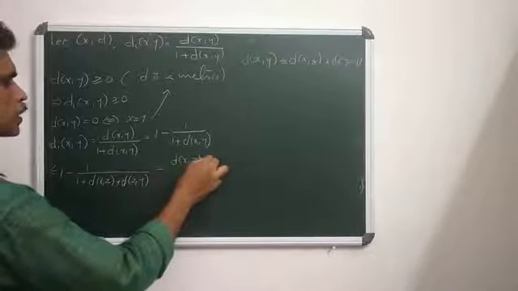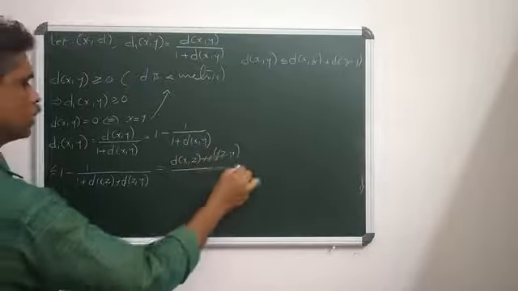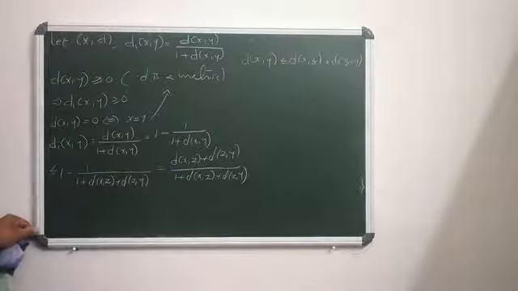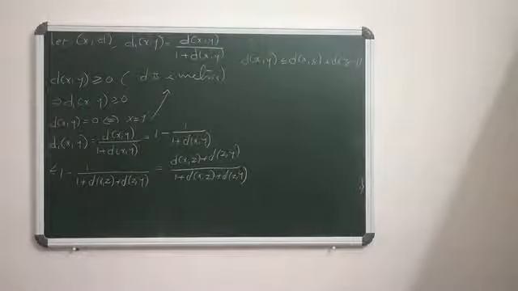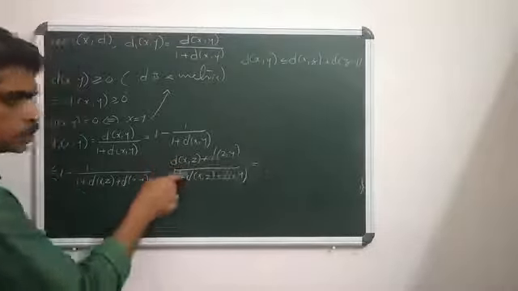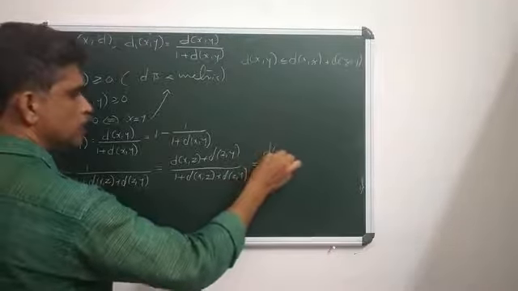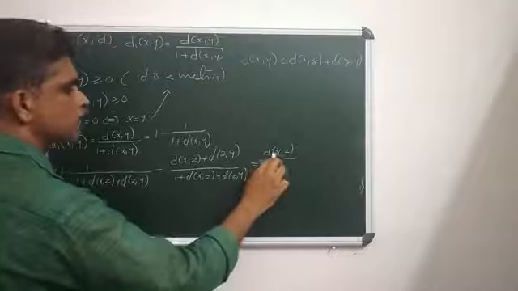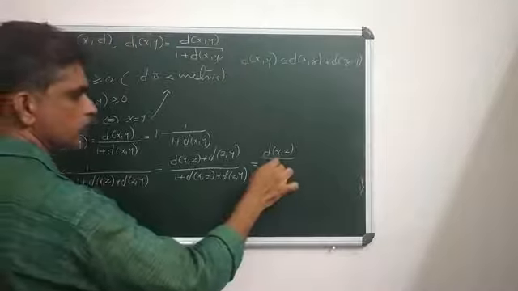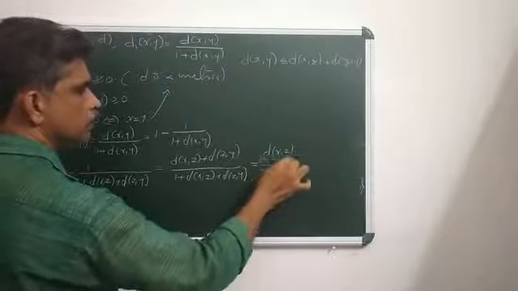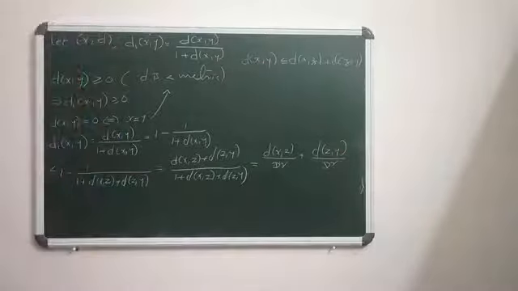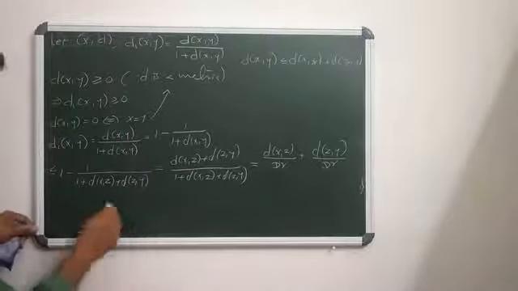So finally it is d(x,z) plus d(z,y) by 1 plus d(x,z) plus d(z,y). This is the same as term by term division: d(x,z) by this denominator plus d(z,y) by this denominator.